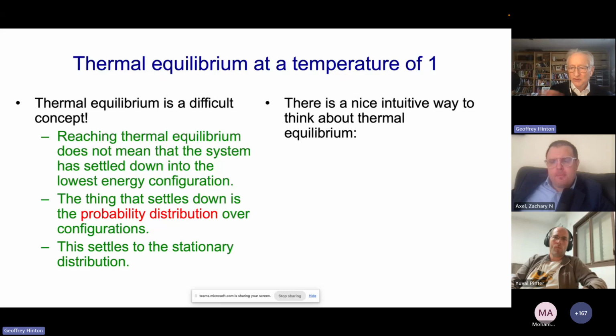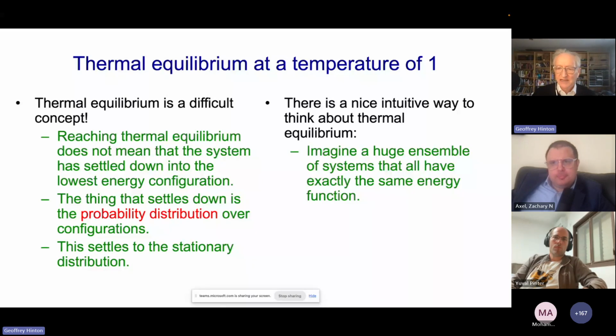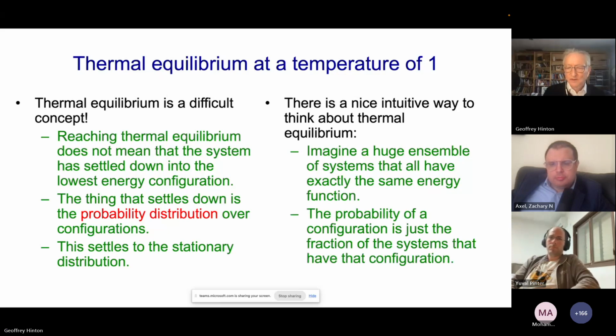We imagine this huge ensemble of identical systems, each with a different random number generator. They all have the same energy function, but they'll all be in different states, flipping between states. If you start them off in random states, they'll go to other random states. But after a while, if you use that decision rule for stochastic binary neurons, the fraction in any one state will be stable.